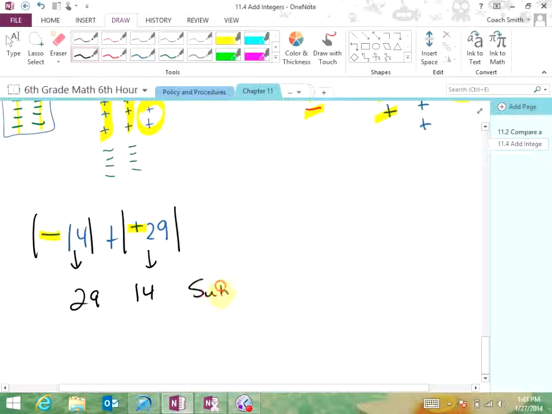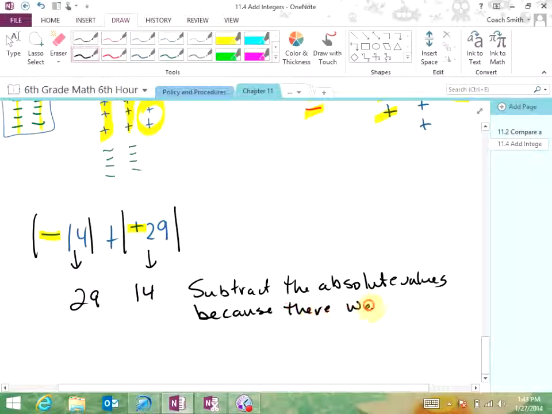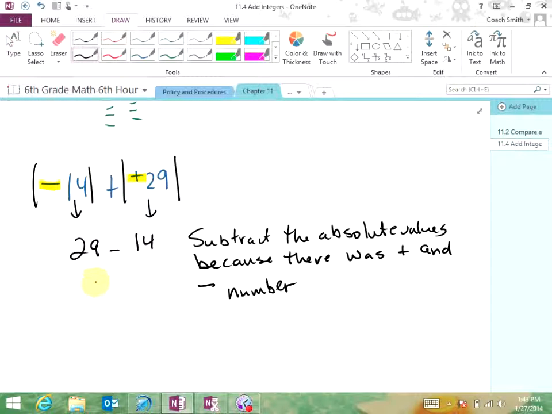So we must subtract the absolute values, because there was a positive and negative number. Okay? So 29 minus 14 is what? 15. And it's positive because I have more positive signs than I have negative. So it's +15.